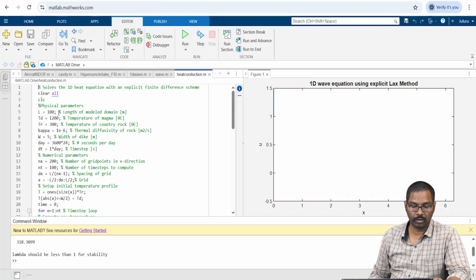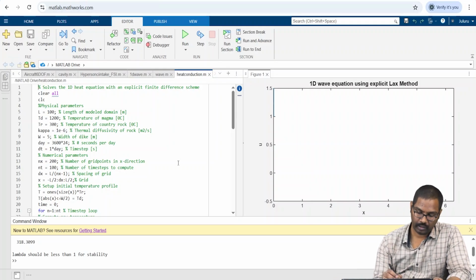In this equation also we are going to choose a domain of length 100, and in between we have a dike and two rocks. So in between two rocks we have a dike, like we can consider like this.